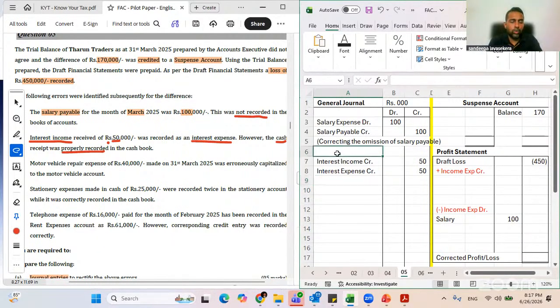So then the difference goes to suspense account, gets debited 100.